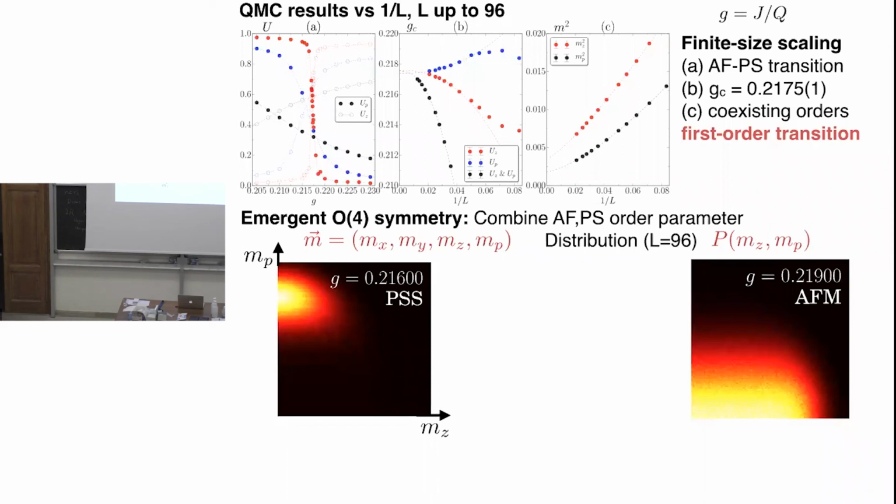I mean, first these depend on the size, right? And then you should have an exponential decay, and it doesn't look cleanly like that. And maybe that itself is related to the emergent symmetry. I don't know, but I think it's more clear if you just look at the fact that you have coexisting order parameters.